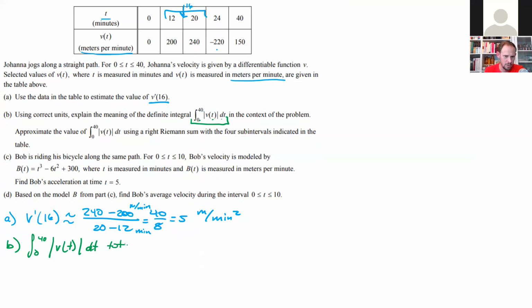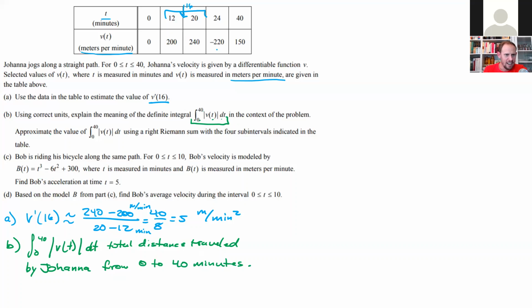So this is the total distance traveled by Joanna from 0 to 40, and then the units are in minutes. It's kind of a strange thing just to run straight for 40 minutes.